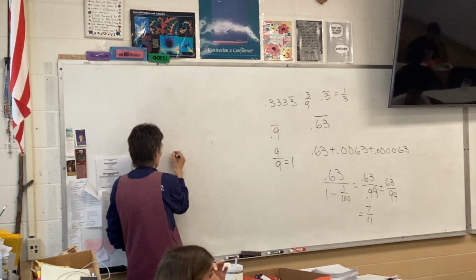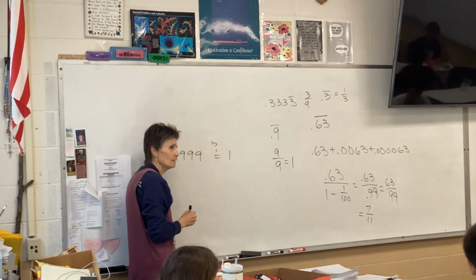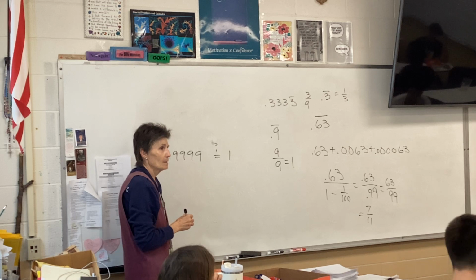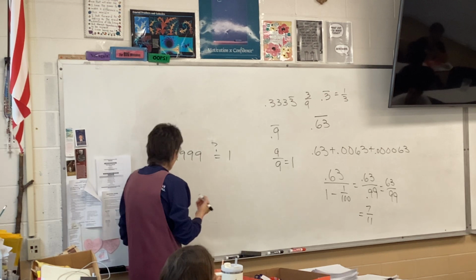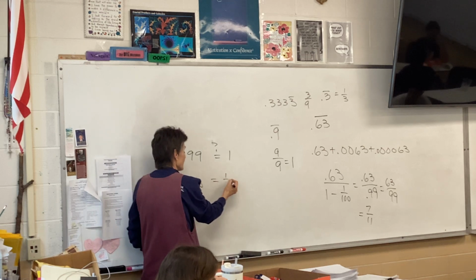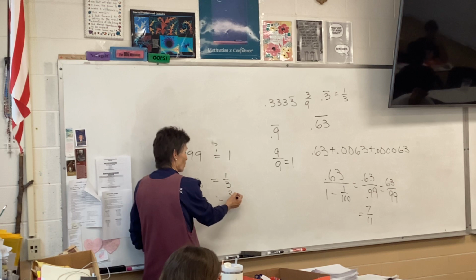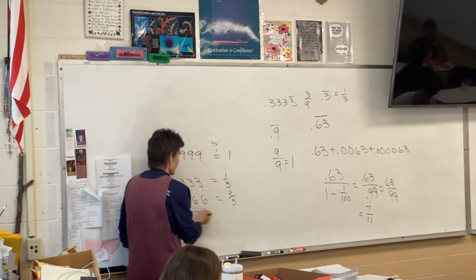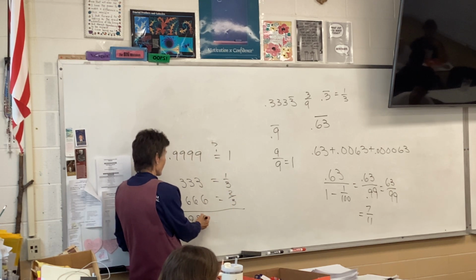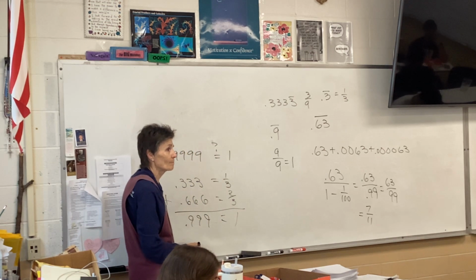Wait a minute, so repeating 9s are the same as 1? Absolutely, Mrs. Ford, because repeating 3s equal 1/3, repeating 6s equal 2/3, so add them together and repeating 9s will equal 1.